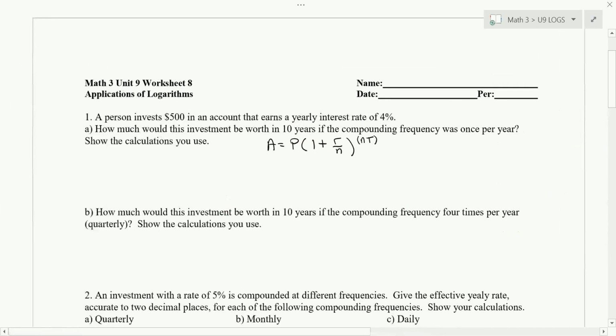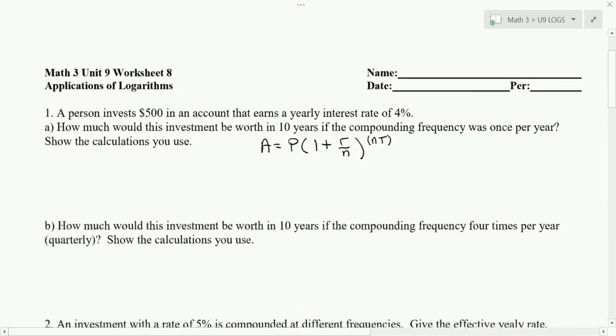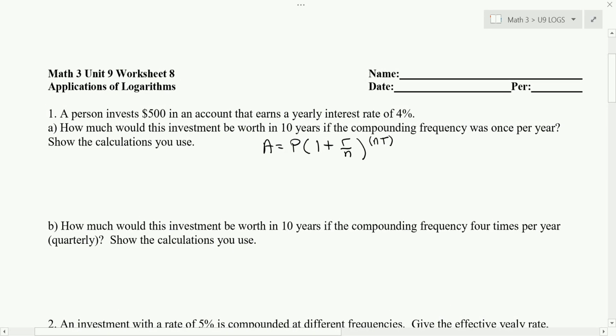So in this problem, we want to find A. We know that P is equal to $500. R is equal to 4%, but as a decimal, that would be 0.04. N is 1, because we're compounding it once a year.